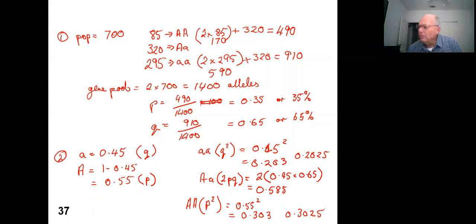Somewhere along the way. Maybe it was in my percentage. No, it is 0.35 and 0.65, so that's correct. So those numbers are correct.